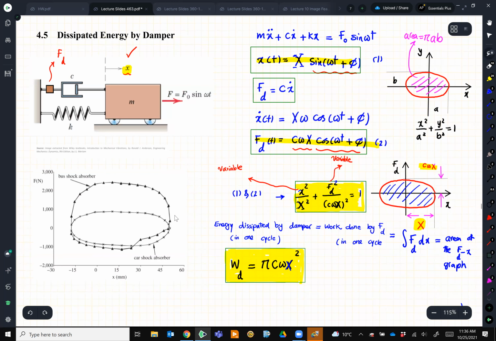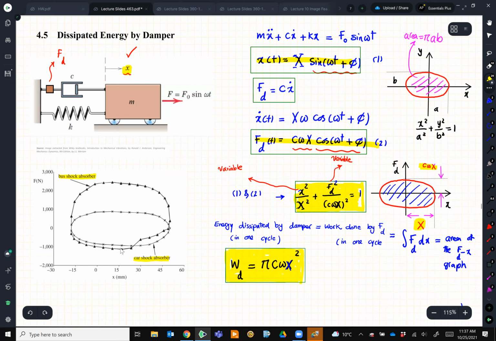So these are examples of graphs in practice. This is for a shock absorber for a bus, like a city bus, and this is for a passenger car, a small car, maybe a Toyota Corolla or something like that. Anyway, it doesn't matter.